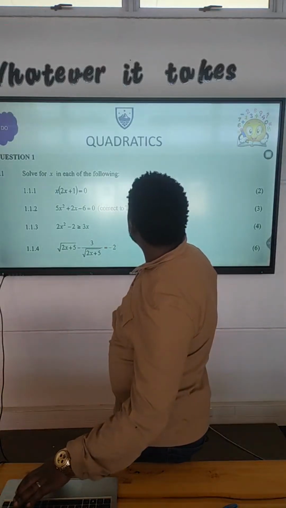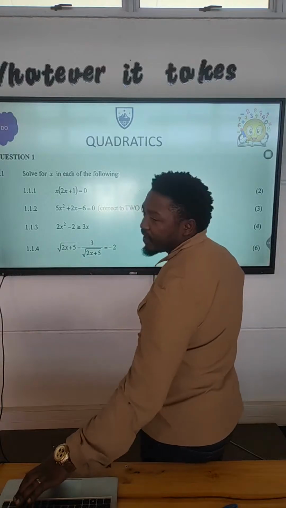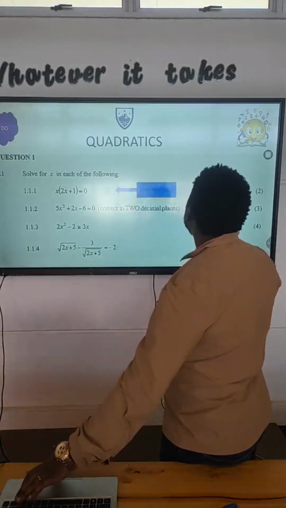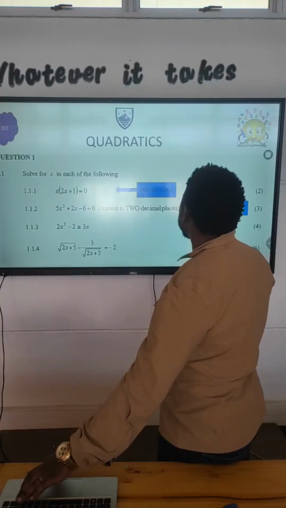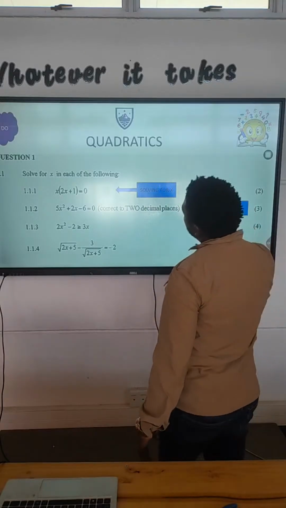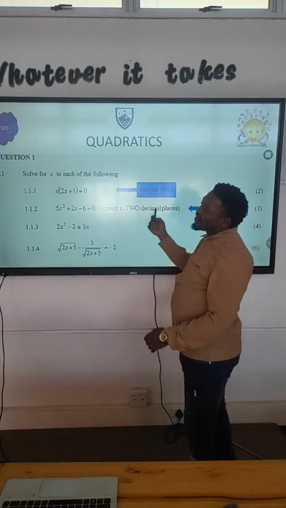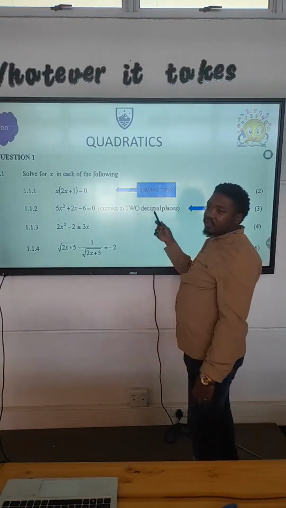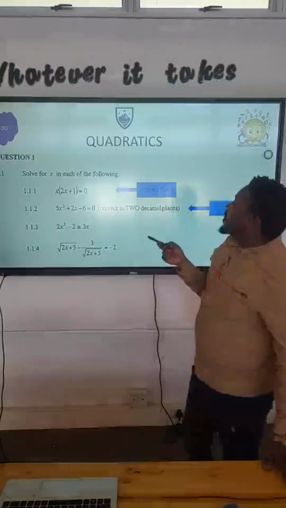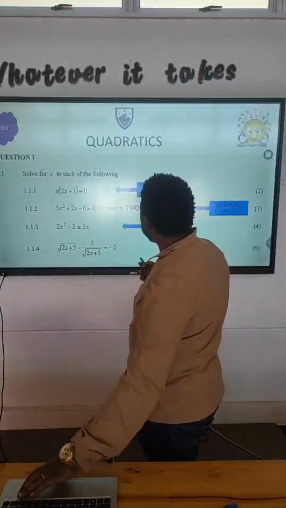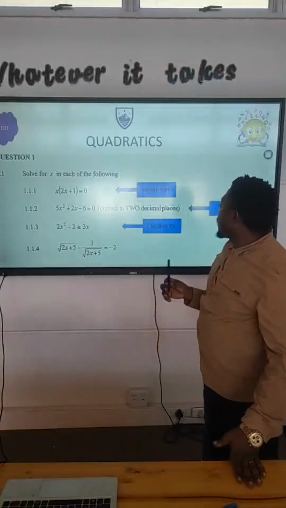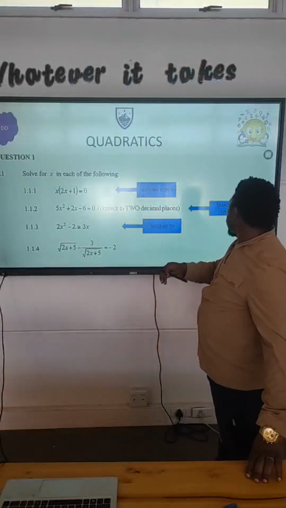We had 4 of them. We have the simple finding the factors and solving for x. We had also the quadratic formula, where by definition you will see it written in brackets to 2 decimal places. And then we have inequalities that we also need to find a way of solving, so practice more of these questions.